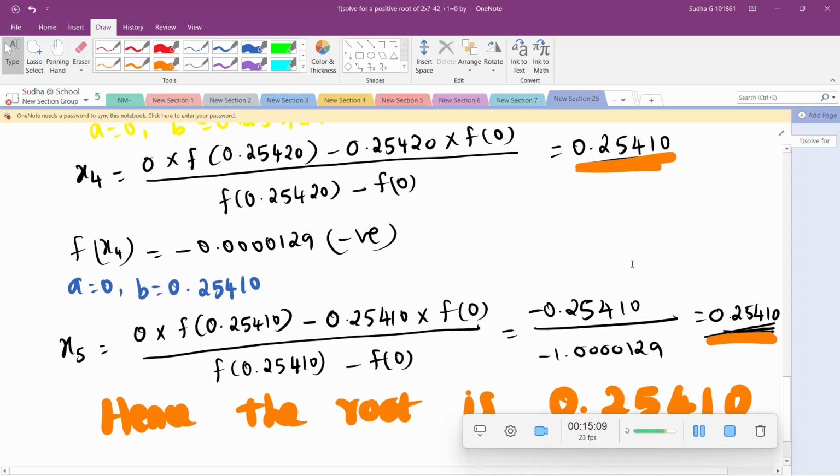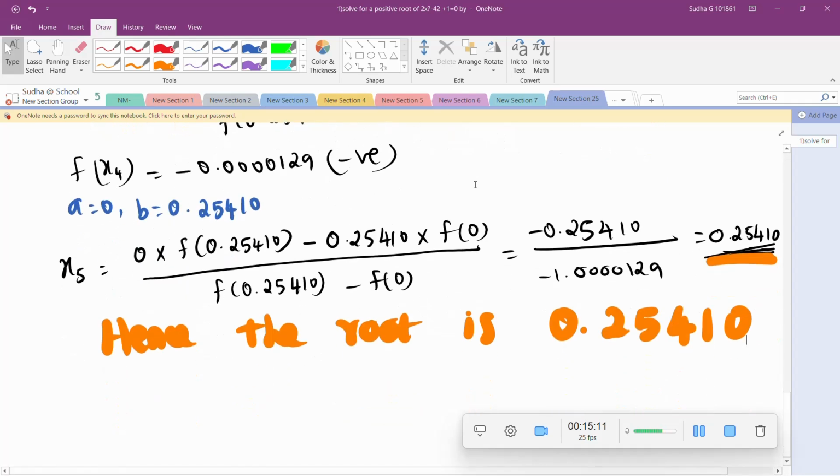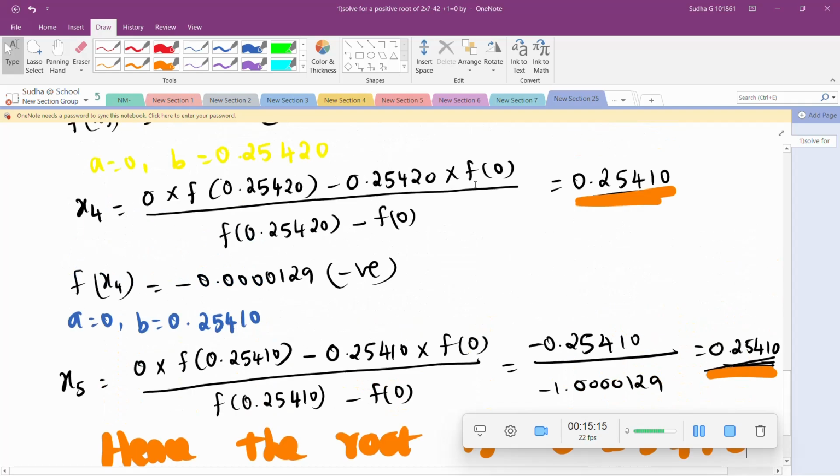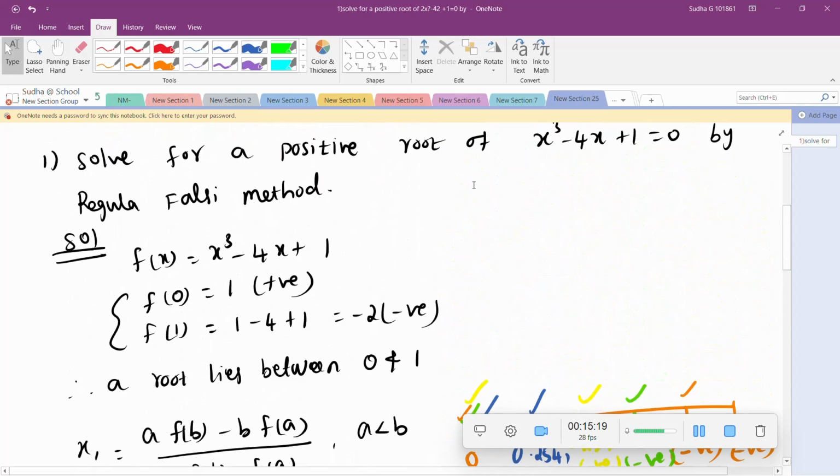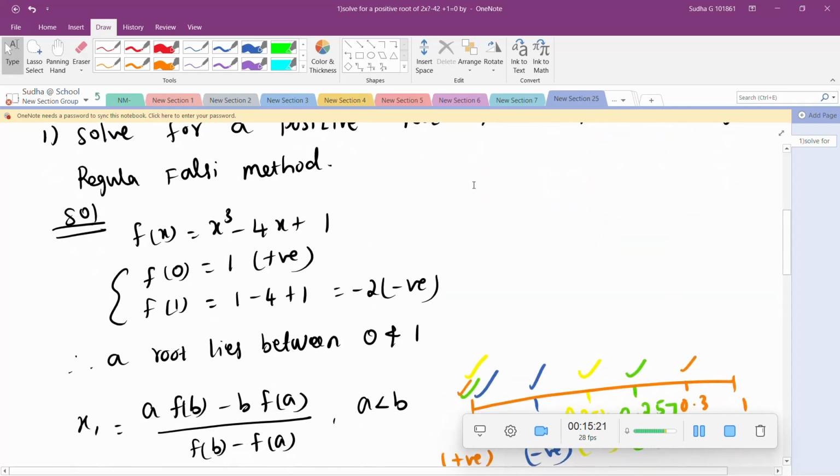So we have to stop the process. So hence the root is here 0.25410. So here you try to get regular falsi, means just what are the procedure. Given any problem, algebraic or exponential or trigonometric, just try to apply the same process. Then we'll get the roots.